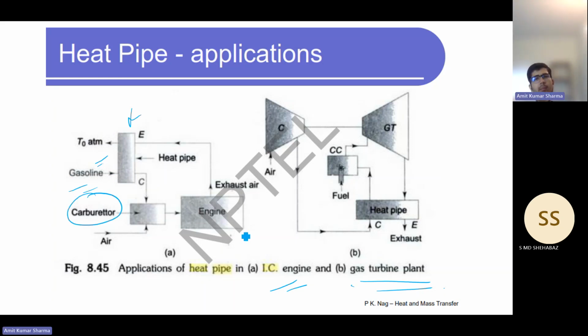On the other side, in a gas turbine, we can use a heat pipe and use the exhaust gas heat to heat the inlet air. Okay, in this way, we can use the heat pipe applications.